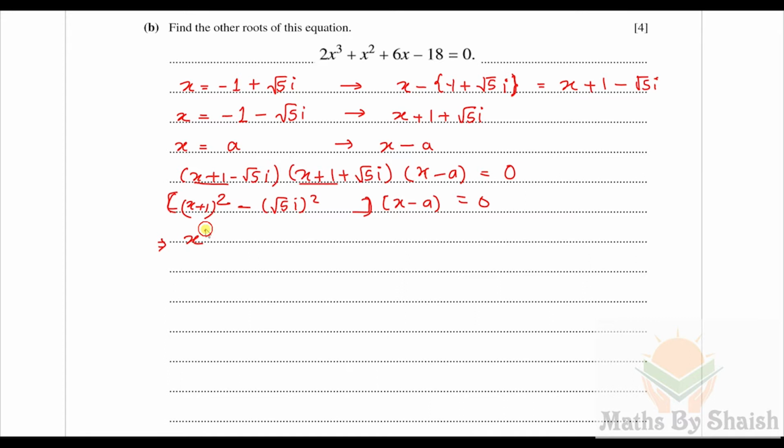So (x square plus 2x plus 6) into (x minus a) is equal to 0. Now we will multiply and compare the coefficients.